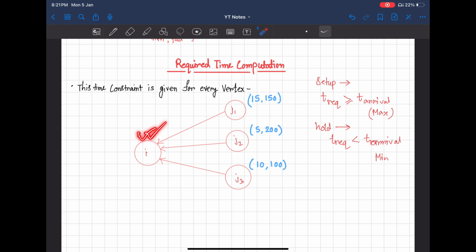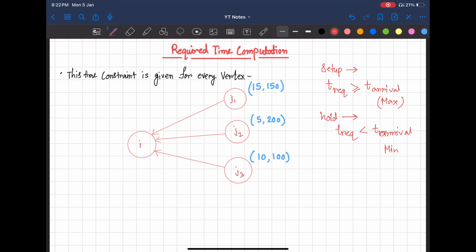There is a formula: Ri hold should be the maximum of Rj hold minus Dij. What is Dij?